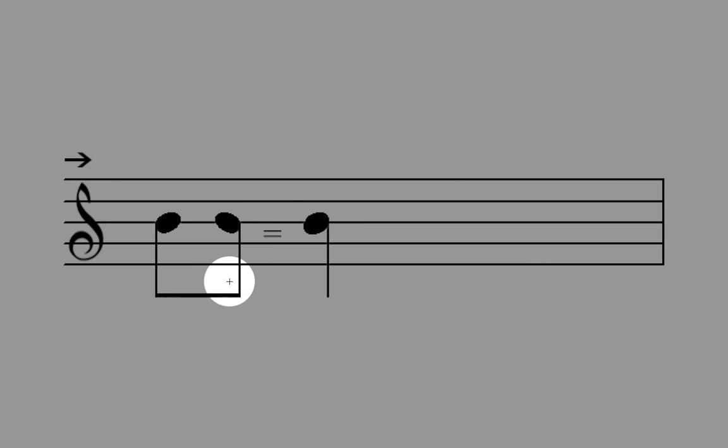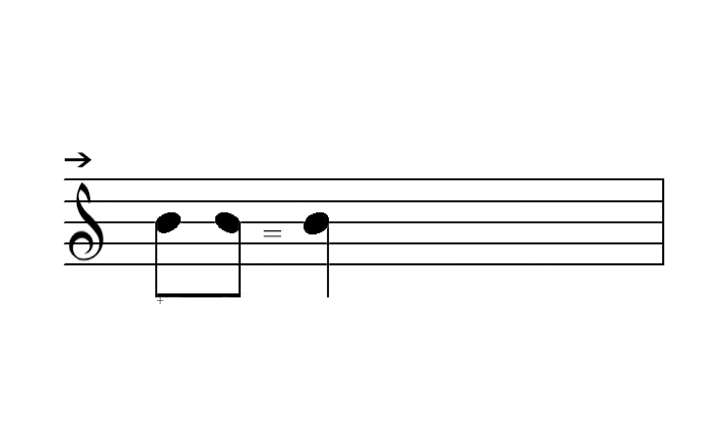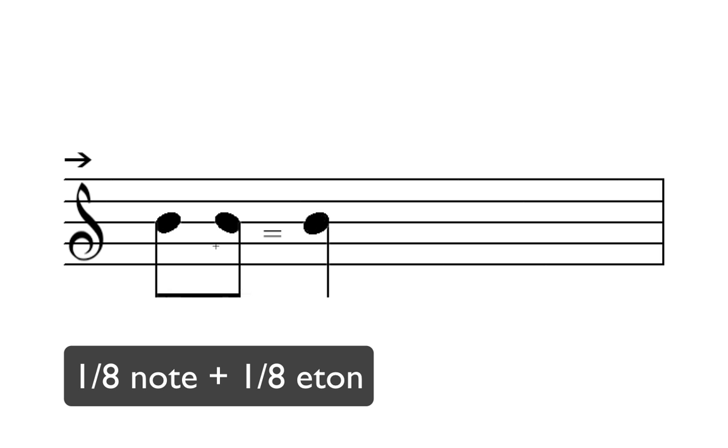line. Both record motions are beamed by one thick line, and this one thick line indicates that we play first a 1/8 note and after this a 1/8 E-tone in direct succession, and this is very important, direct succession. This is the reason why you see this beam here.